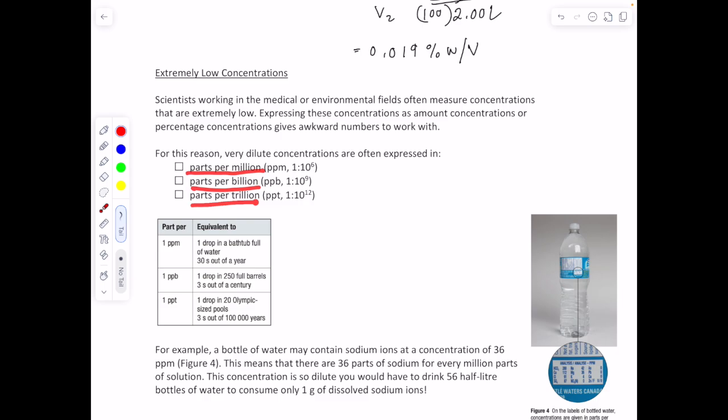Let's look at an analogy. 1 part per million is equivalent to 1 drop in a bathtub full of water, or 30 seconds out of a whole year. 1 part per billion is equivalent to 1 drop in 250 full barrels, or 3 seconds out of an entire century. And 1 part per trillion is 1 drop in 20 Olympic-sized pools, or 3 seconds out of 100,000 years.